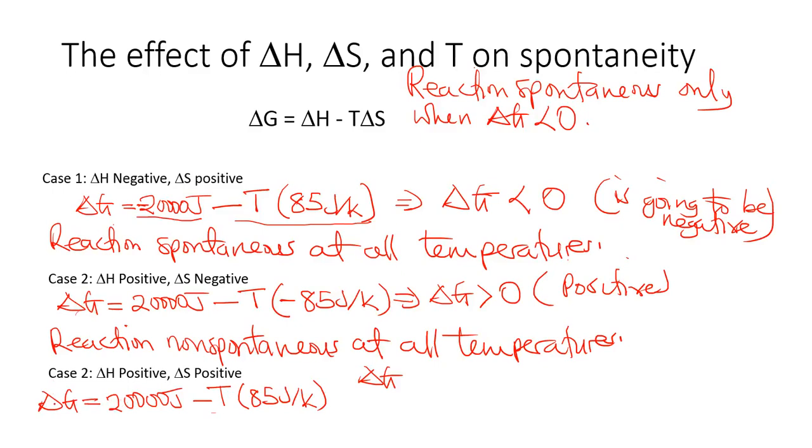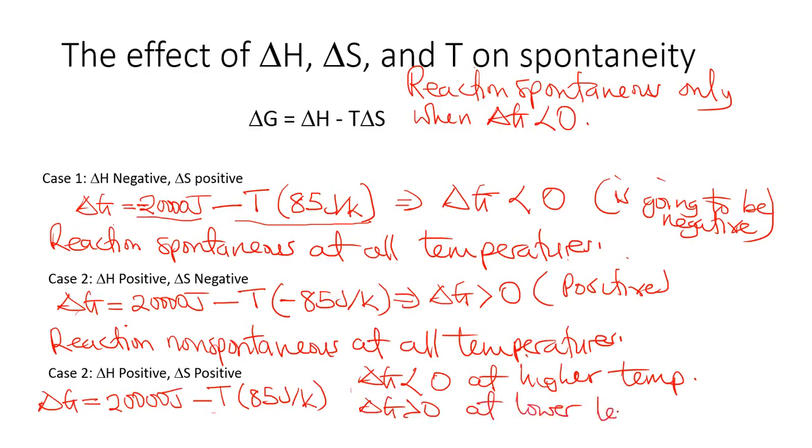You are going to have a positive G. But if you use, let's say, maybe 500 Kelvin or 5000 Kelvin, the number here will be greater than the 20,000, and when you subtract, you have a negative G. So delta G is less than 0 at higher temperature and greater than 0 at lower temperature.